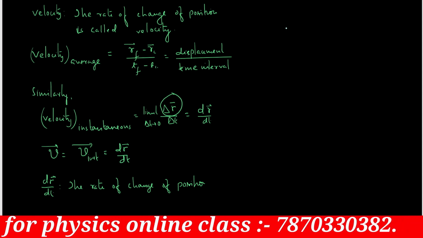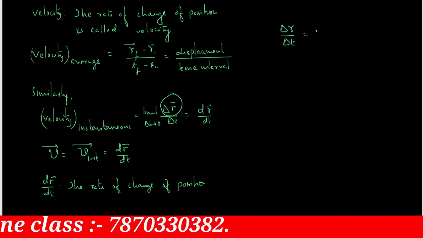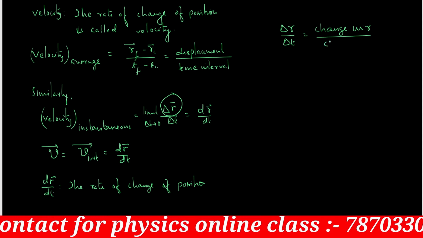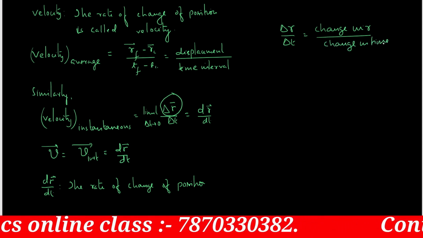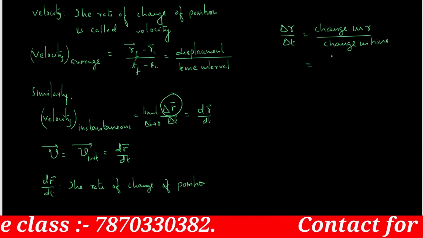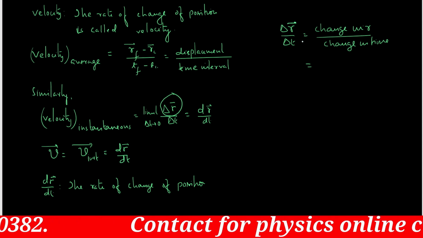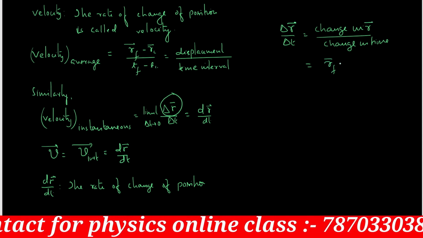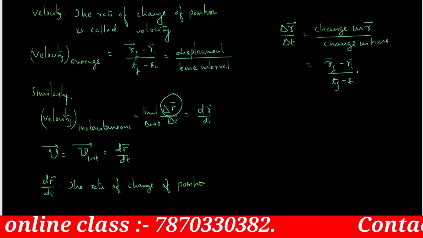Try to understand. Suppose delta r by delta t. This means change in r, change in time. In the physics book, this is written as delta r upon delta t, which is r final minus r initial by t final minus t initial, right?